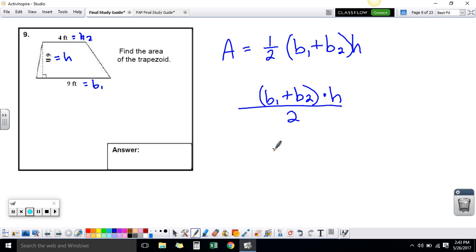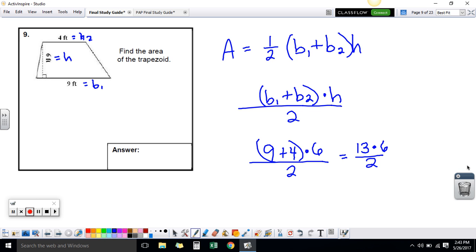So I've got 9 plus 4 in parentheses times my height of 6, and then whatever that answer is, we're going to divide by 2. So 9 plus 4 equals 13. 13 times 6 divided by 2. 13 times 6, I'm going to work it out over here to the side, and I get 78.